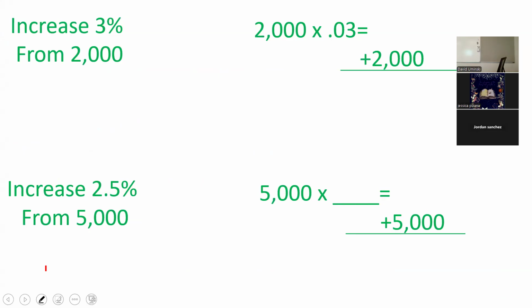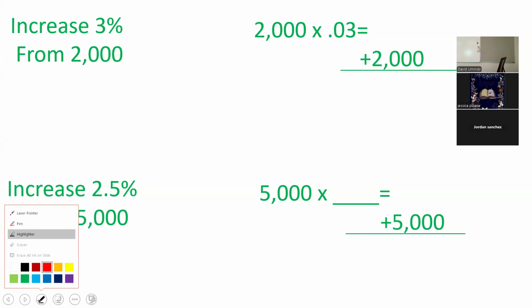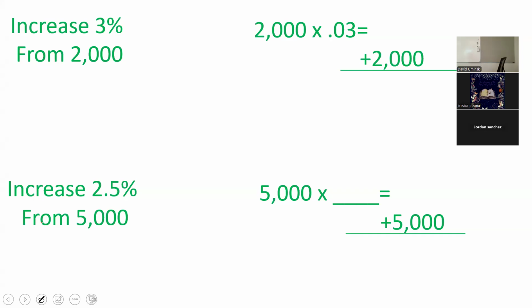Let's do this first example up here at the top. We want to have a 3% increase from 2000. So the first step is to multiply 2000 times that 3%. What do we get when we multiply 2000 times 3%? 60.